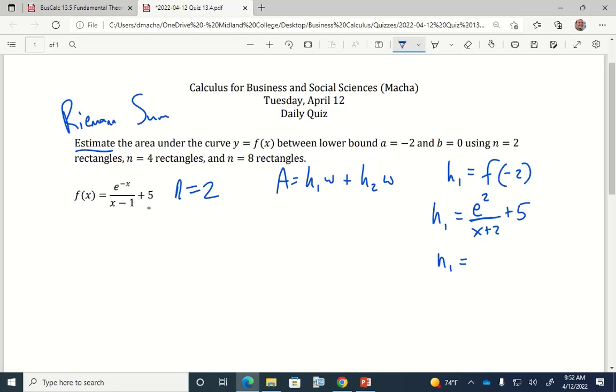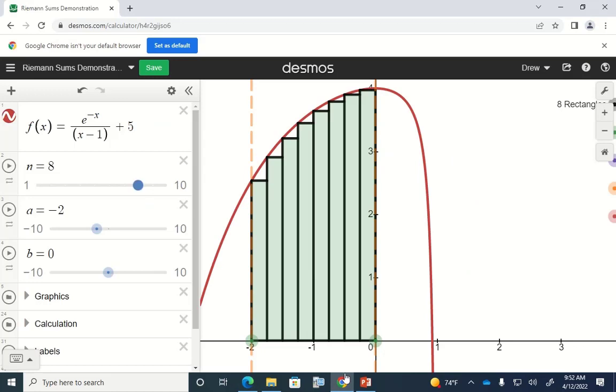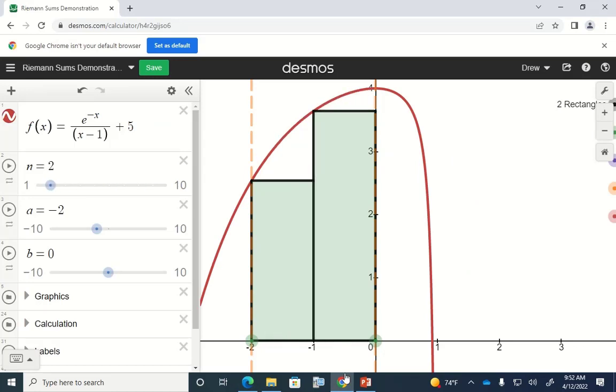If you do that right in your calculator, it should be something like 2.537. Looks like that's the height of the first rectangle.